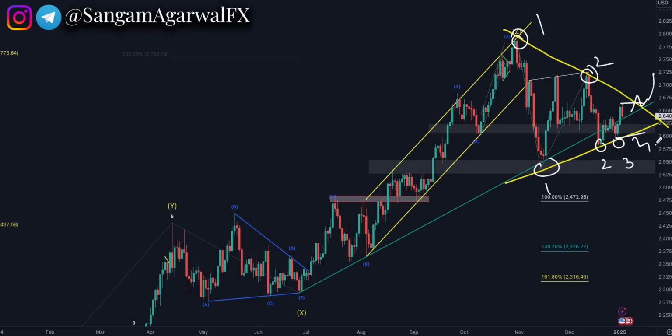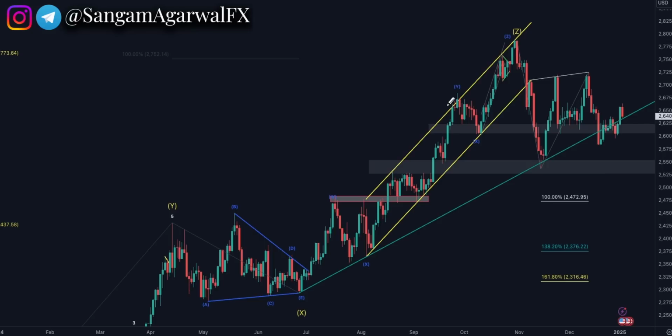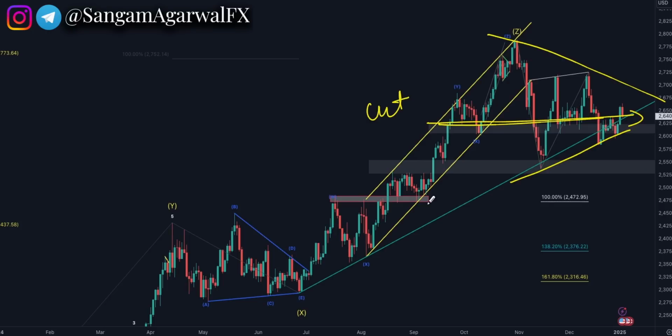But my bias is still the same. Gold sideways range below 2800 but above 2530. Because on the gold daily chart, if you see, it is sideways and a triangle chart pattern correction, almost a horizontal line since the first cut.